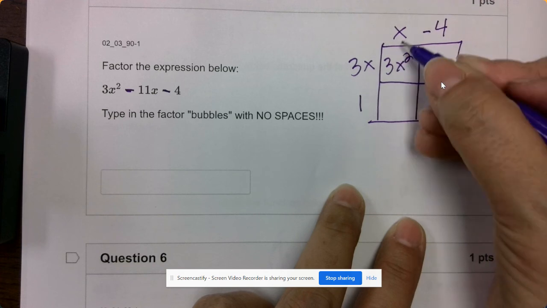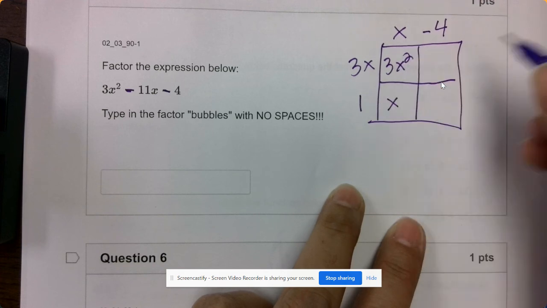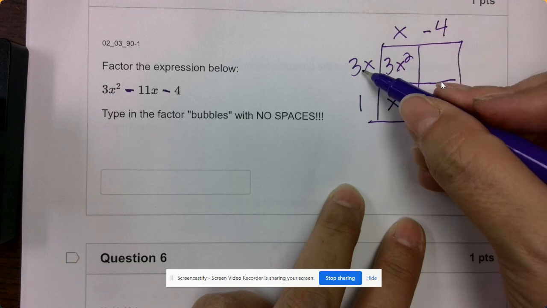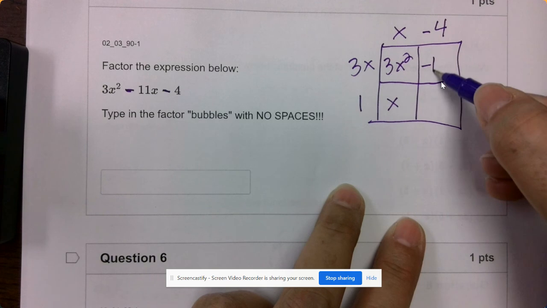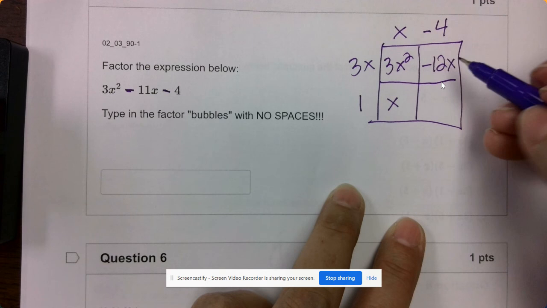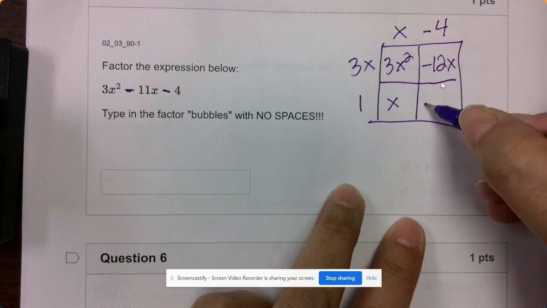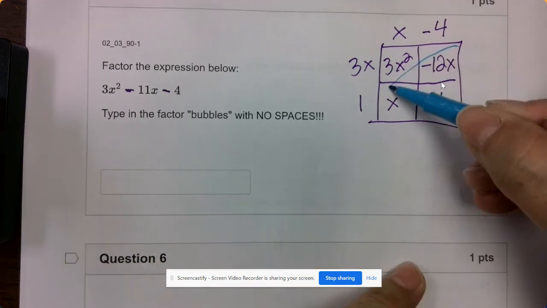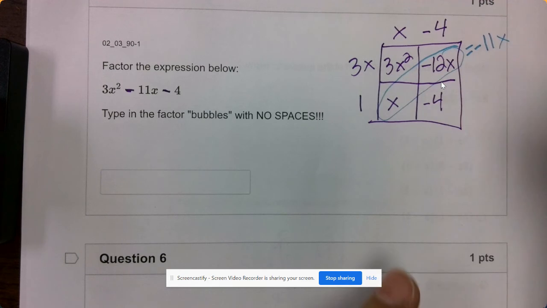X times 1 is x. Negative 4 times 3x would be negative 12x. Negative 4 times 1 would be negative 4. Okay, so now we're going to check that, everybody. If we add these together, okay, that would equal negative 11x. Okay, so that does work.